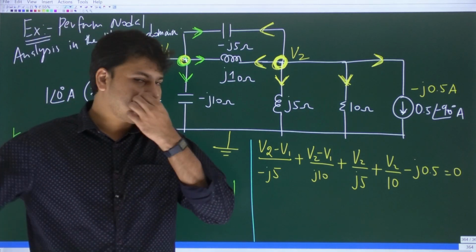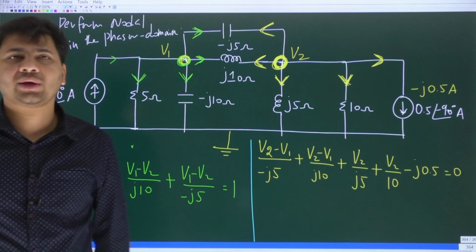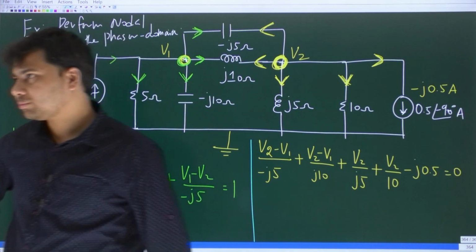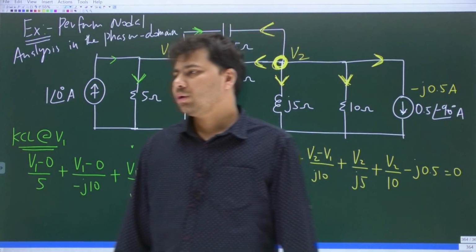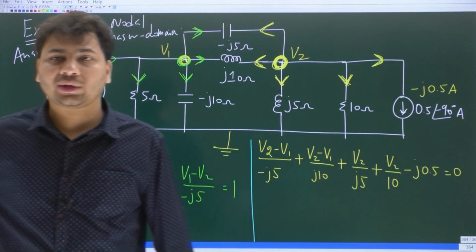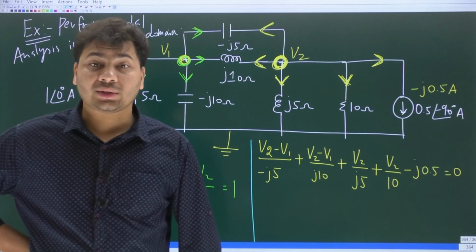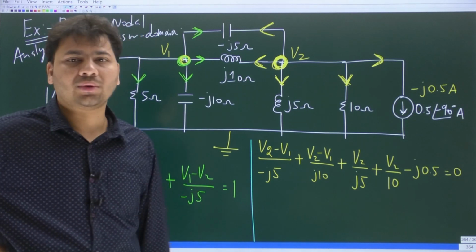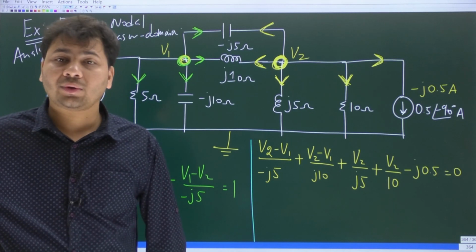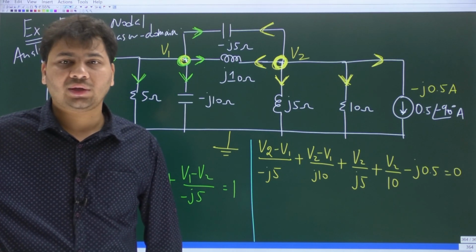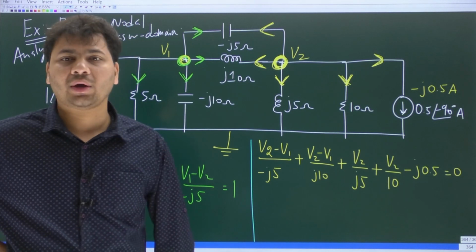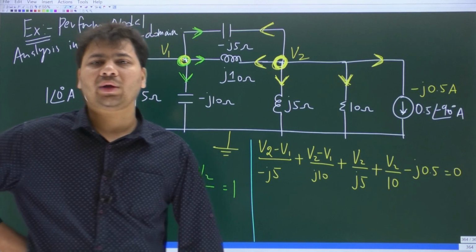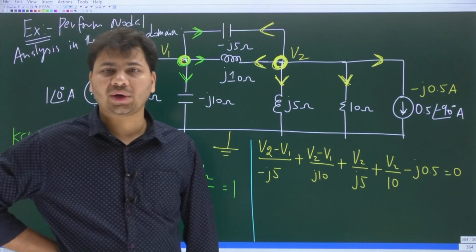And from these 2 KCL equations, we can solve for V1 and V2. So the point is, whatever circuit analysis techniques we had for resistive circuits, all those techniques can be applied to circuits driven by AC sources, especially when you are doing the analysis at sinusoidal steady state, wherein we replace all the elements with impedances.